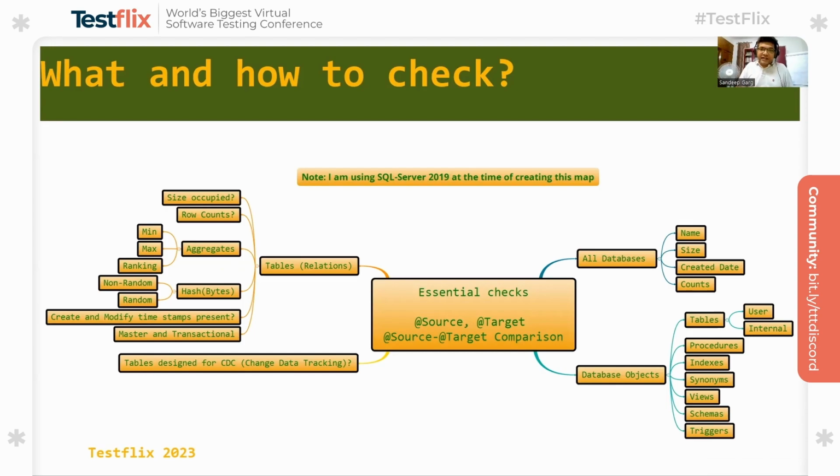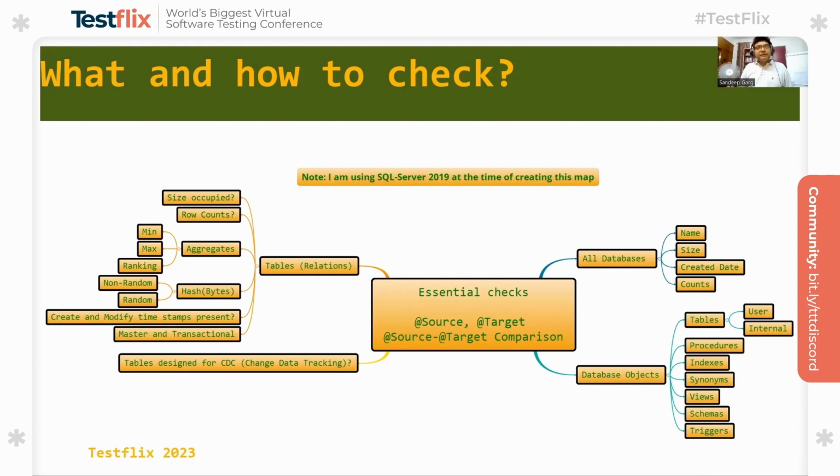These are very essential checks. I hope that most of us, as far as data migration testing is concerned, are aware of these tests. I also assume that most of us are running them on a day-to-day basis. And these are important. They do not lose their relevance just in the context of this talk.